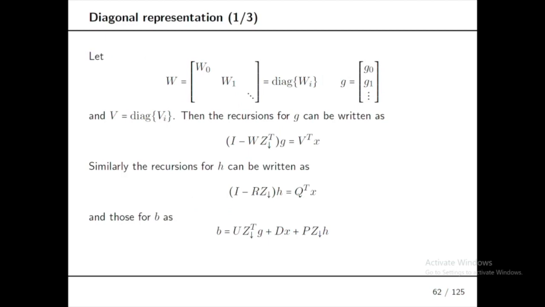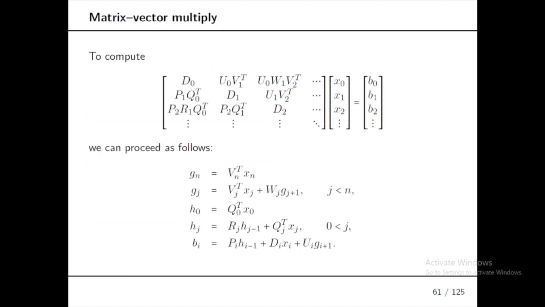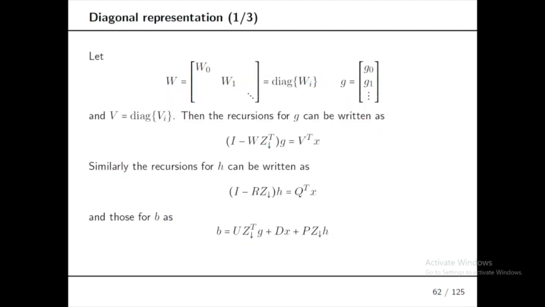Okay, and then you make this very nice observation that if I look at just the recursion for computing the g's, I can write it in diagonal form like this. This downshift says, move the g over one bit, multiply by the w, add it to v transpose x to give me the g.